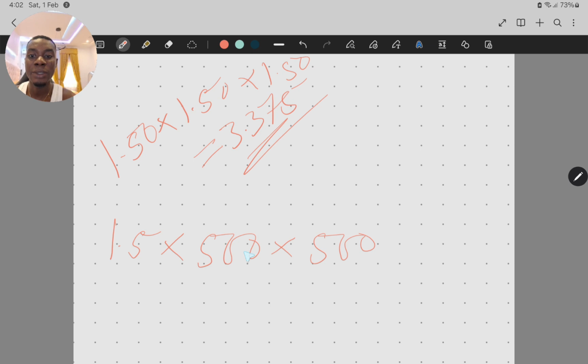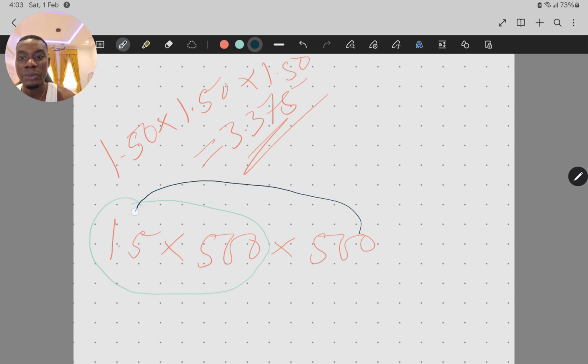Now, this first one is for this odd, and this second one is for this, which means you have covered for these two odds. So we are still going to do one more times 500 again, meaning that at this point you have covered for the 3.